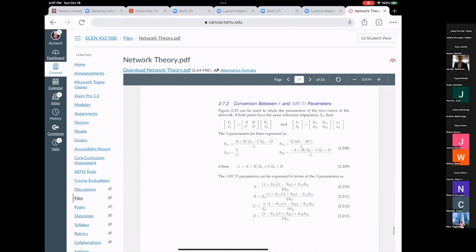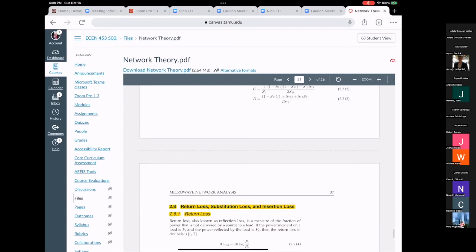Here, conversion between S and ABCD matrix. It gives you the formulas. All right, so I asked you, this is also very similar to the homework we had recently. So I asked you to find the ABCD matrix, and then from there to find the scattering matrix. And these are the formulas you're going to use, all right? These ones here. The 2.208 and 2.209.